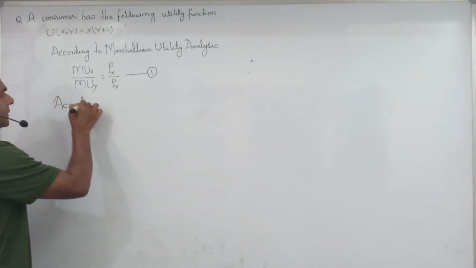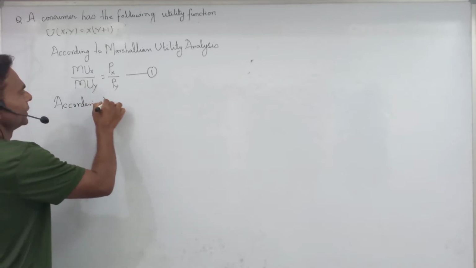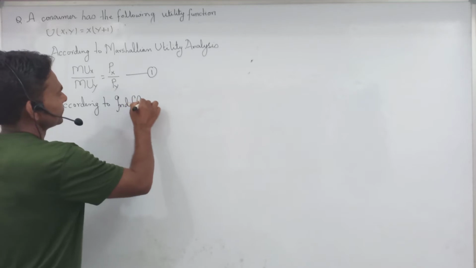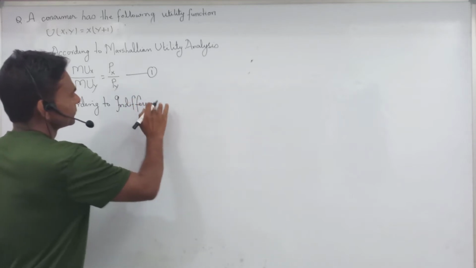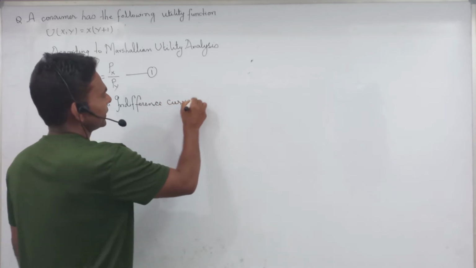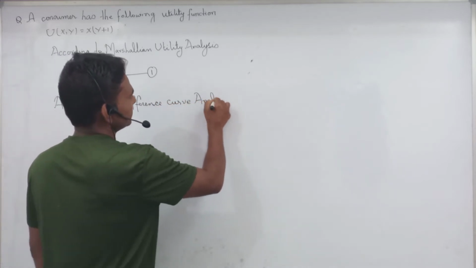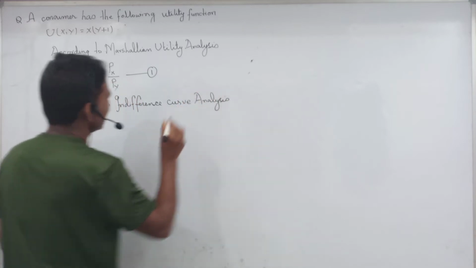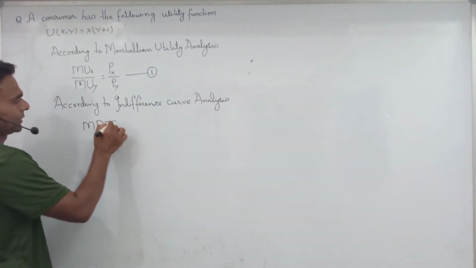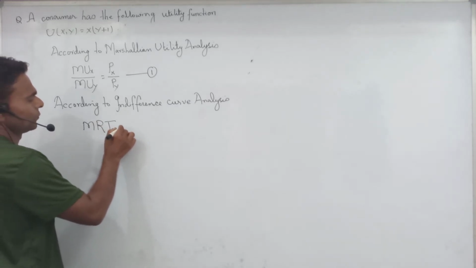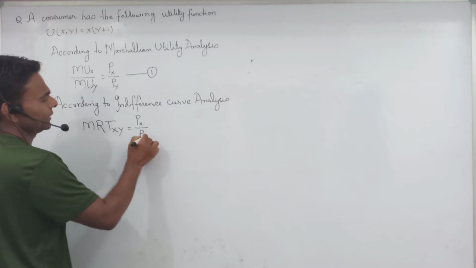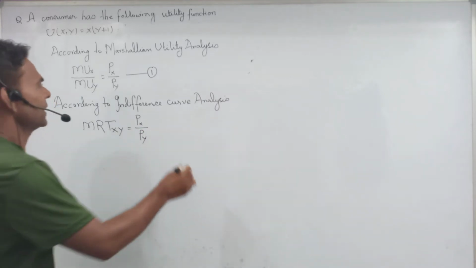And according to indifference curve analysis, the marginal rate of substitution of x for y equals the price of x by the price of y, that is the ratio of their prices.